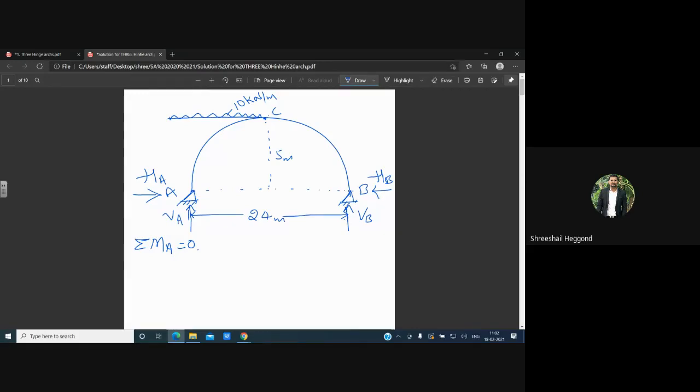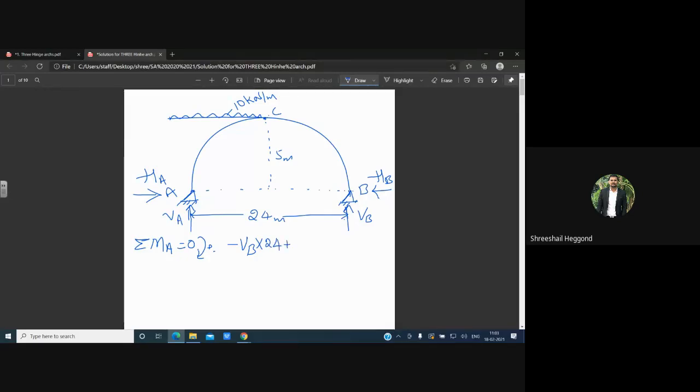Okay. VB, I can write as minus VB into distance of 24 meter plus the loading condition, which is in the clockwise direction because of load the moment will be like this, and because of reaction the moment will be in the opposite direction.